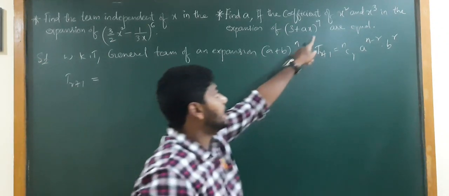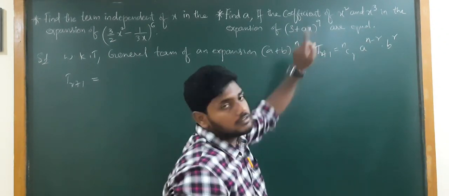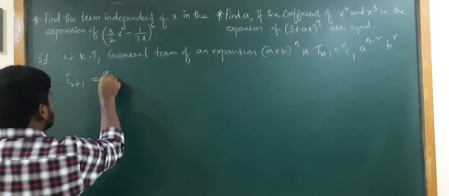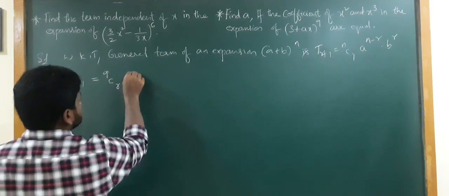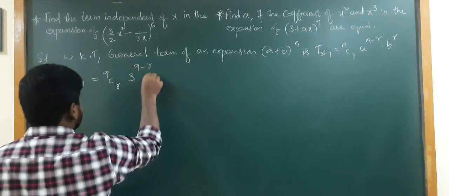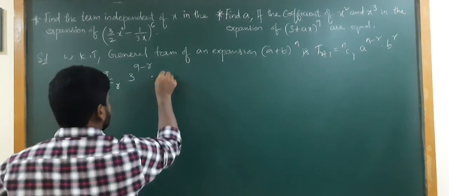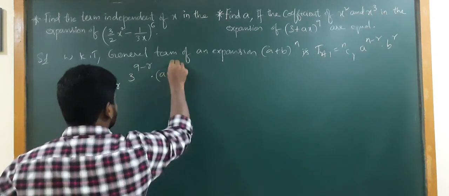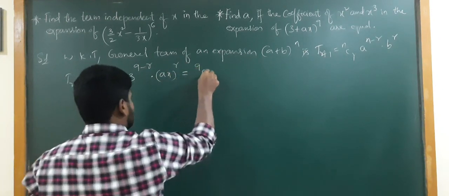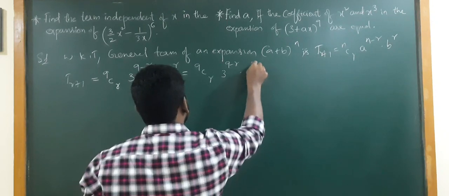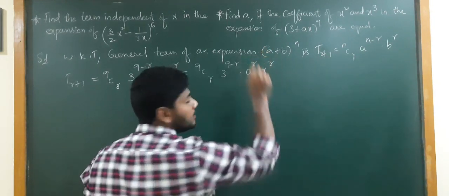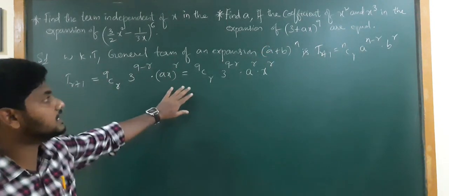The n value is 9, a value is 3, b value is ax. So 9Cr, we don't know the r value. So 9Cr 3 to the power of 9 minus r into (ax) to the power r, which we can write as 9Cr into 3 power 9 minus r into a to the power of r into x to the power of r. So this is the general term.